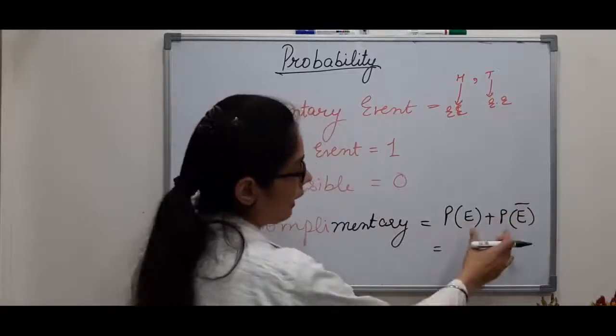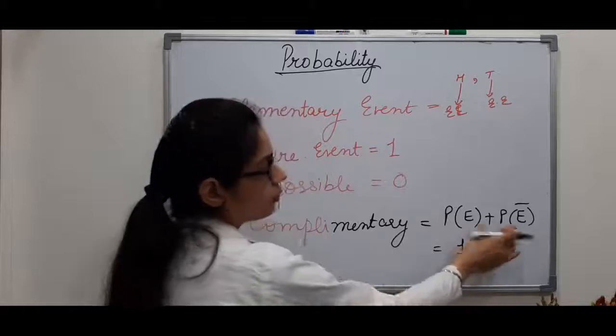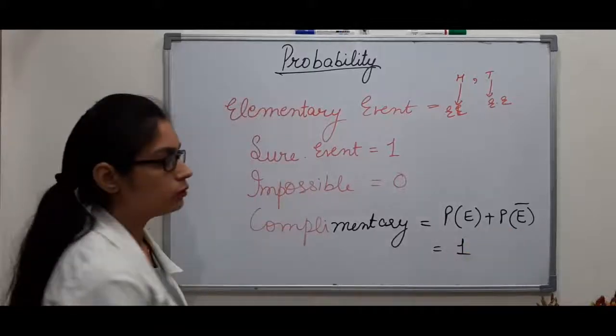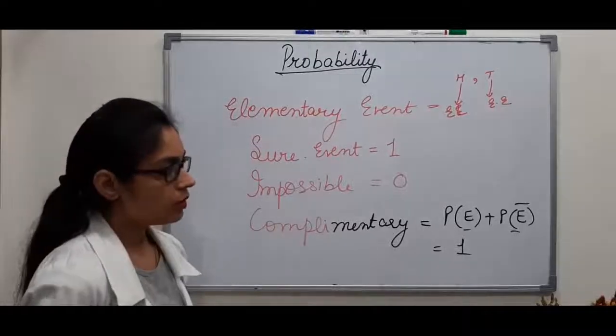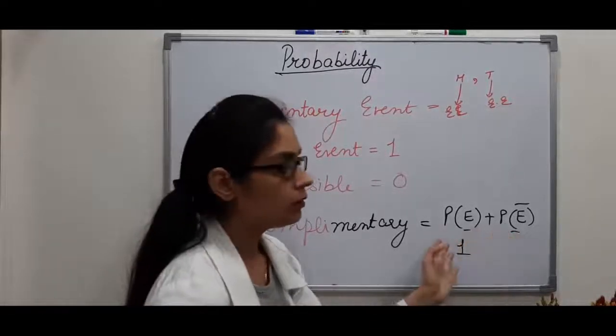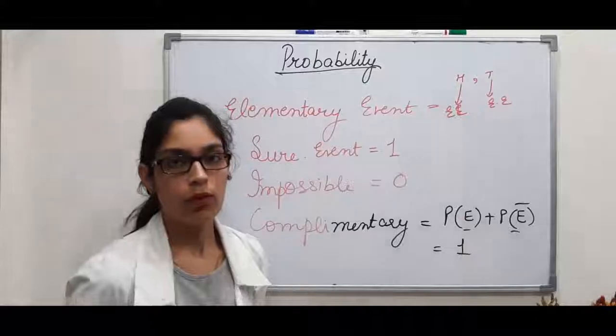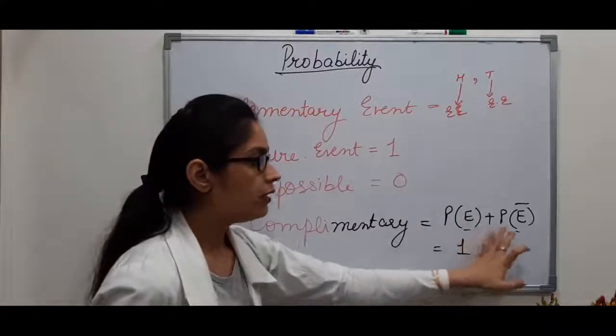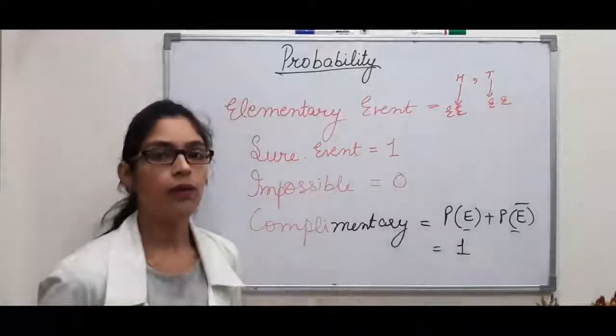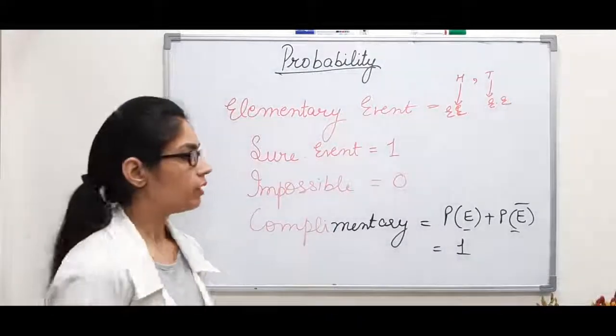On adding both these, I will get 1 as my answer. So these two will be complementary events. If I don't get 1 on adding two events, those two events won't be complementary events. The condition should be that on adding these two, I should get 1 as my answer.